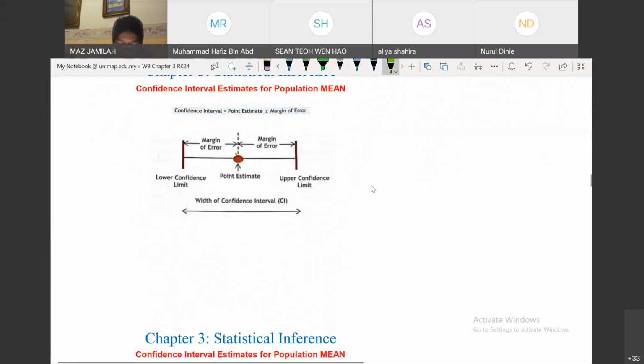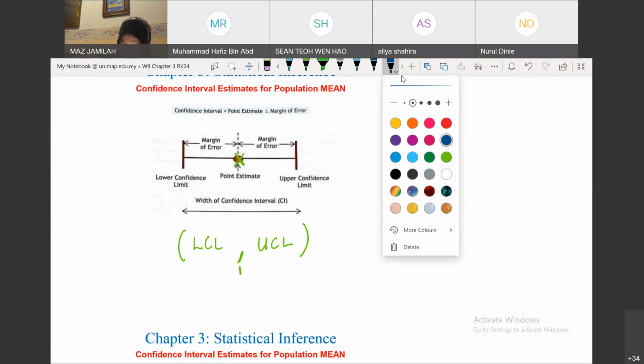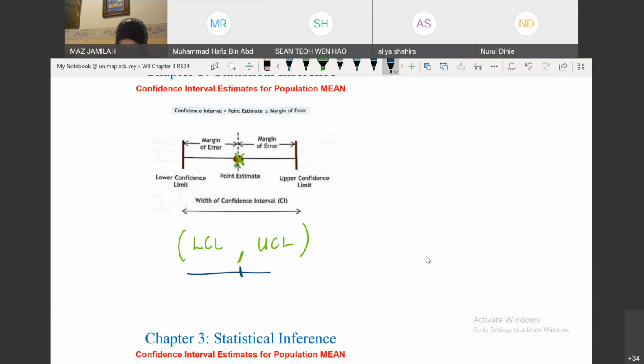If this is your point estimate, we need to find the values that will be the boundaries of our point, the lower confidence limit and the upper confidence limit. And you know that this is the point in the middle. What is in between the middle point and the value of our lower and upper limits is what we call the margin of error.